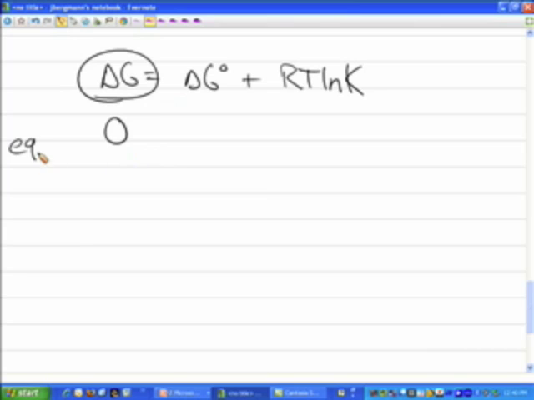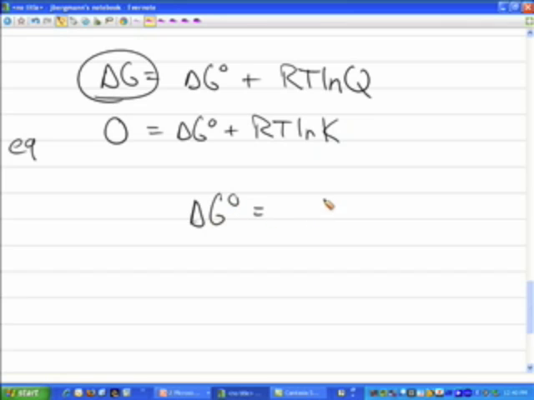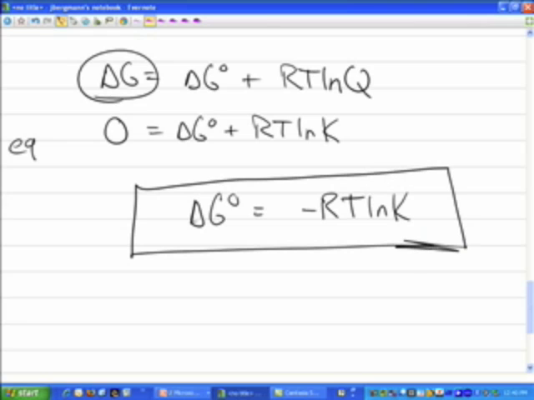So when you're at equilibrium, this should be K. If that's equal to 0, then delta G naught plus RT, natural log of K equals 0. If you resolve this equation, delta G naught is equal to negative RT, natural log of K. So that's where that important equation comes from.